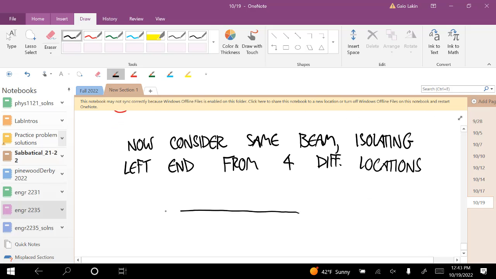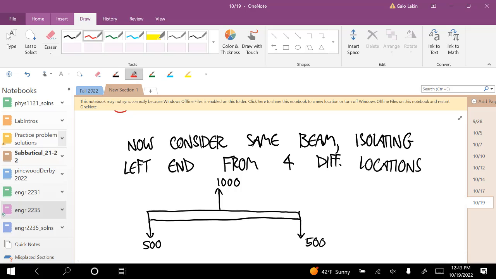Okay, so here is the whole beam. And the places I want to make this cut are close to the left end, like that.